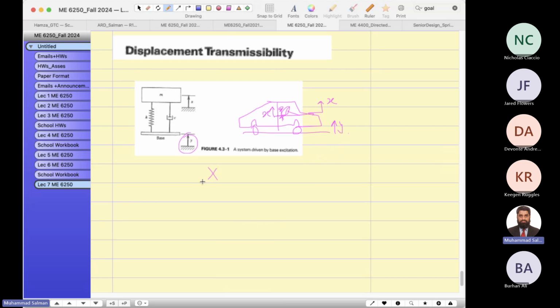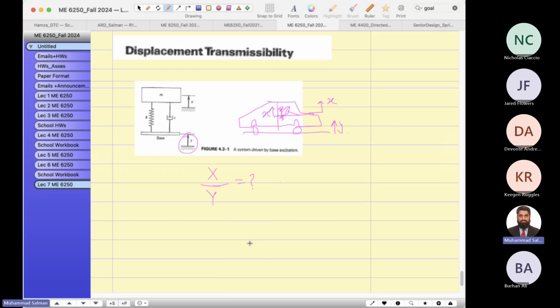So what is the displacement transmissibility ratio? This is what we are interested in. You might see that at low frequency, when the car is speeding, maybe 20 miles per hour, the displacement might be higher, but at a high frequency the displacement might be lower.